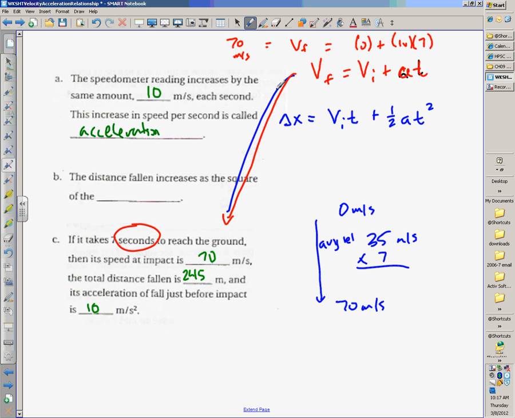Everything we've done so far has been at 1 second intervals. But we can use this equation to find out how fast it's going at any time after we drop it. Let's say I want to find out how fast it's going 2.746 seconds after I drop it. What's the initial velocity of its fall? Still 0.